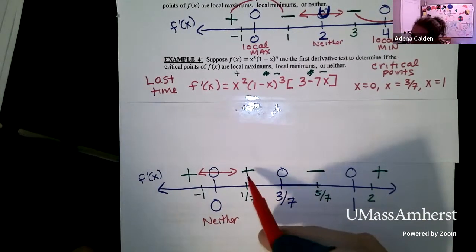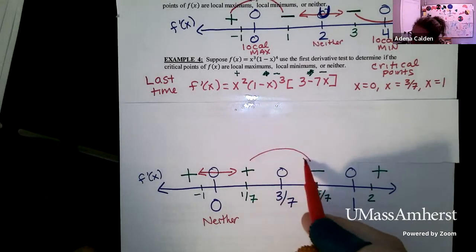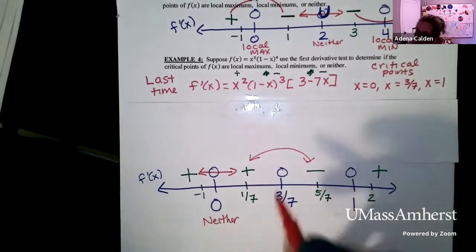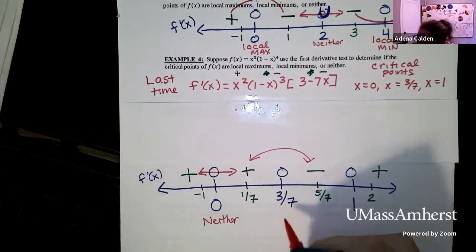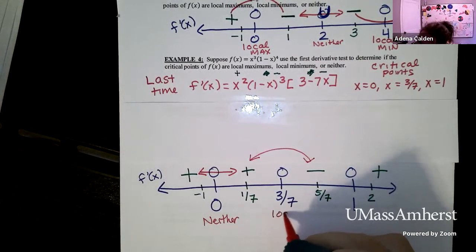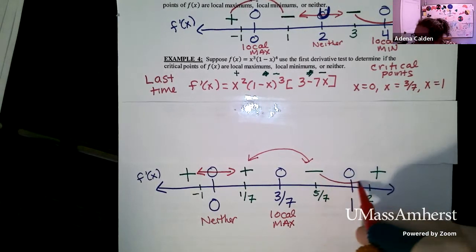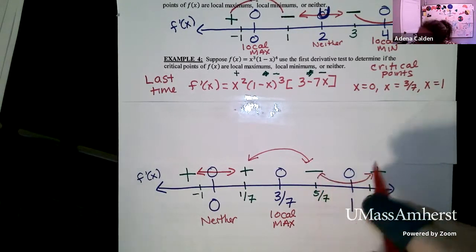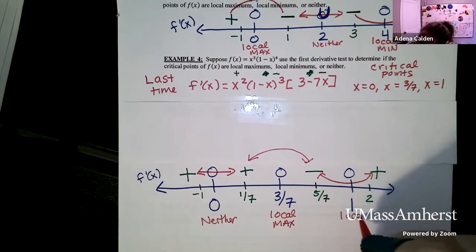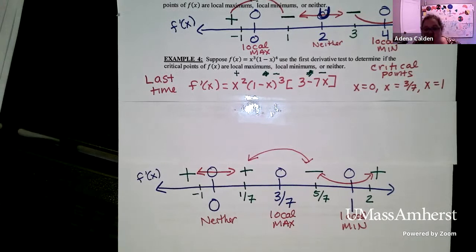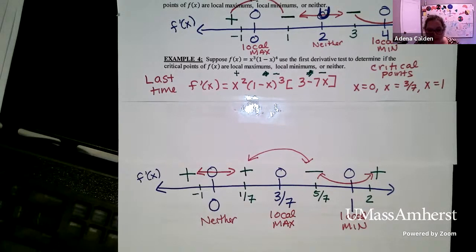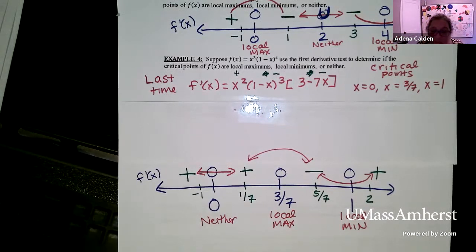When we go from positive to negative, right, that means we're going to have a local maximum at 3/7. And then here, if we go from negative to positive around a critical point, that means we have a local minimum. Okay, and so we have neither at 0, a local max at 3/7, and a local min at 1.